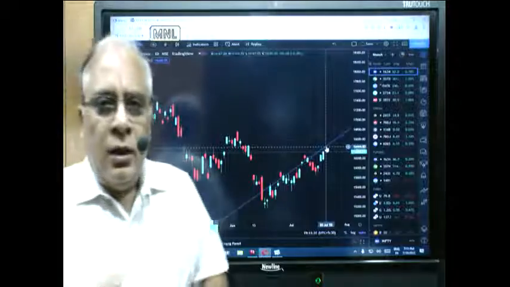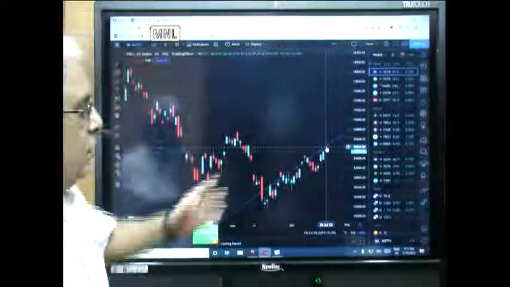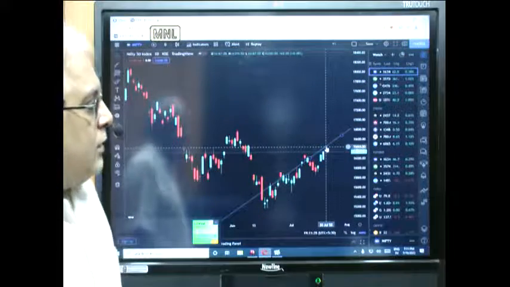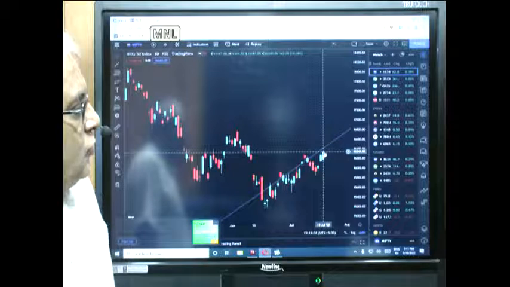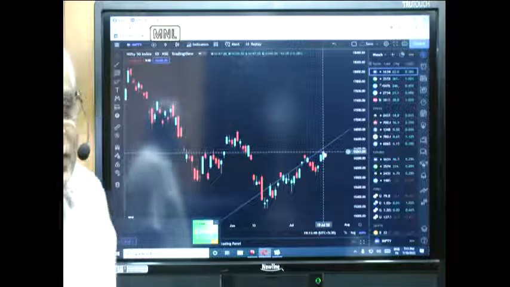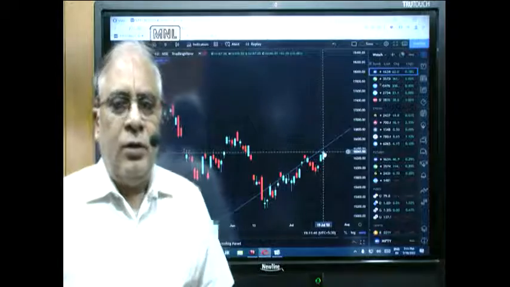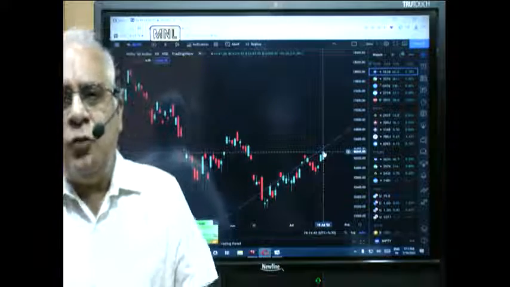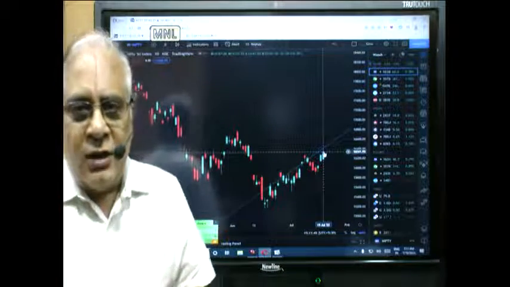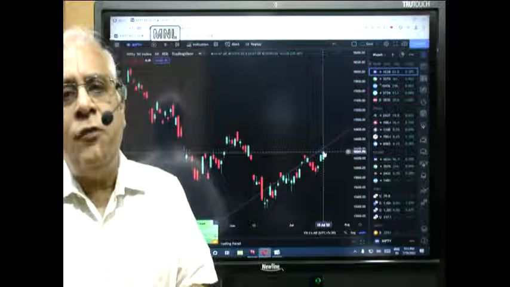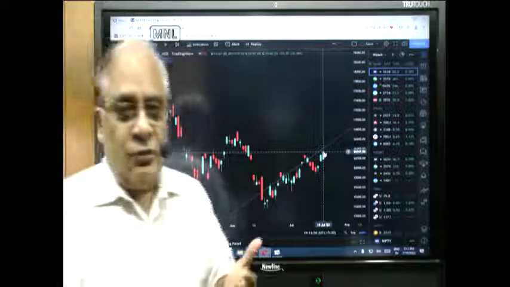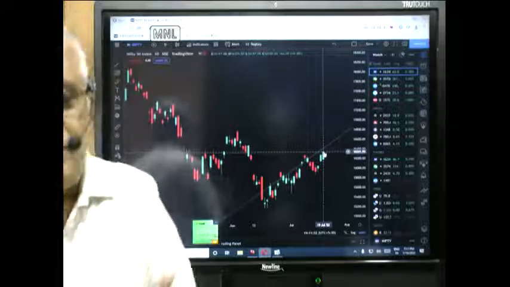When we talk about intraday for tomorrow, today it finished at 16,340, right? If it goes up, there is a chance that if it continues to rally tomorrow, 16,440 can be a very important resistance. Let us say it opens gap up tomorrow.